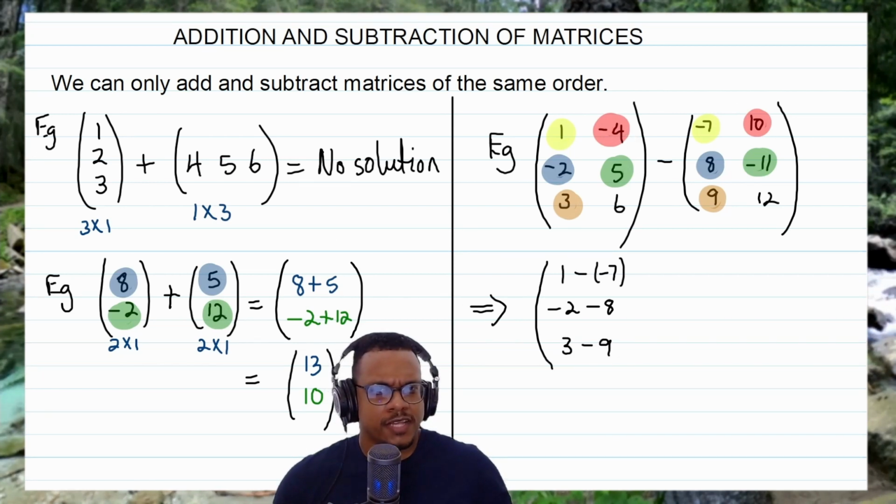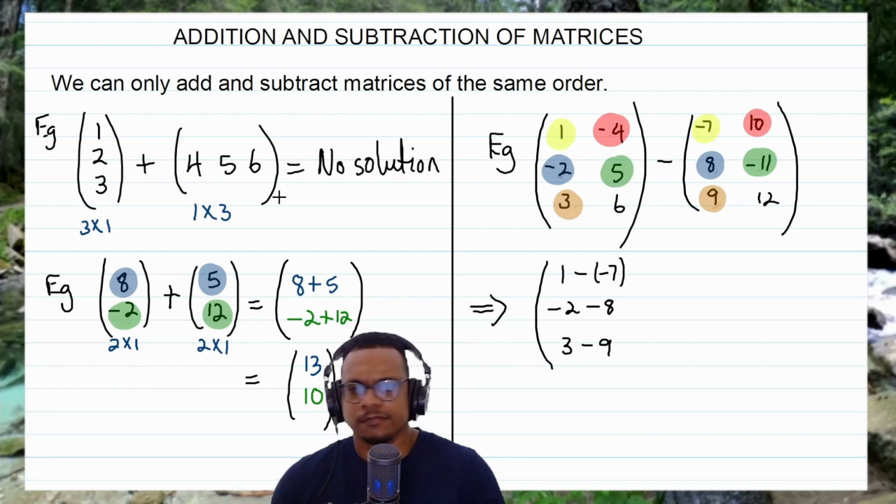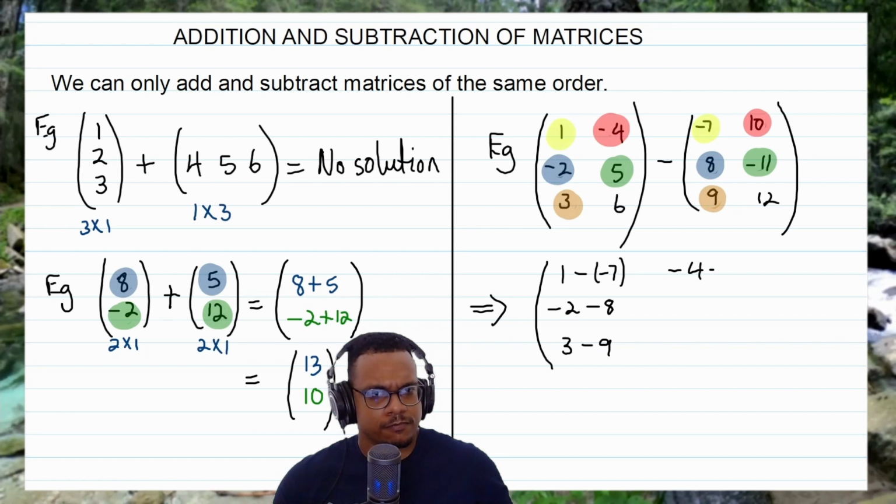Then coming across, we'll have -4 take away 10. Then we have 5 take away negative 11. And then we have 6 take away 12.